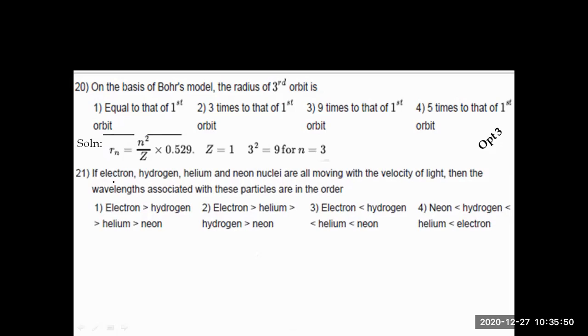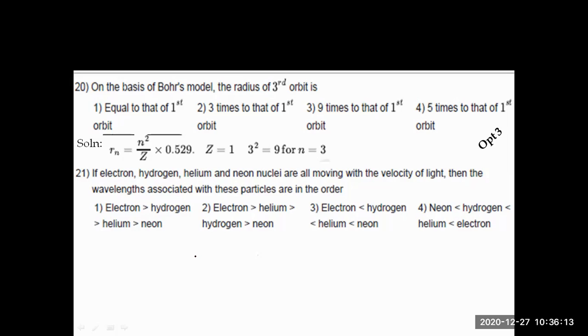21st we'll take it. If electron, hydrogen, helium, and neon nuclei are all moving with the velocity of light, that means they all have same velocity, is the concept you need to take out. Then the wavelengths associated with these particles are, now it is the concept of de Broglie matter wave.